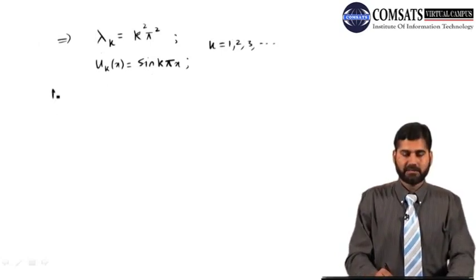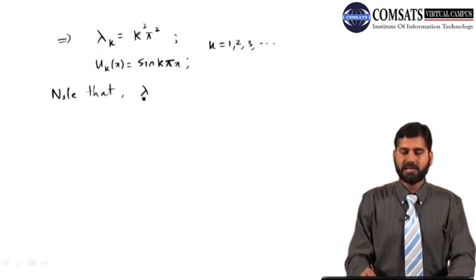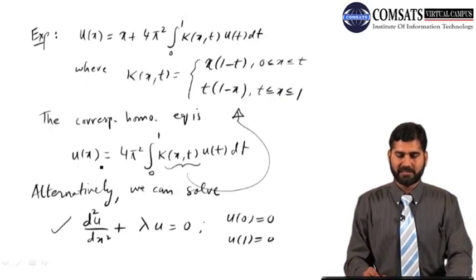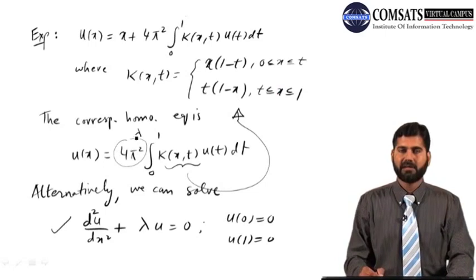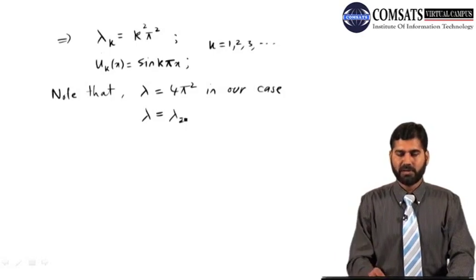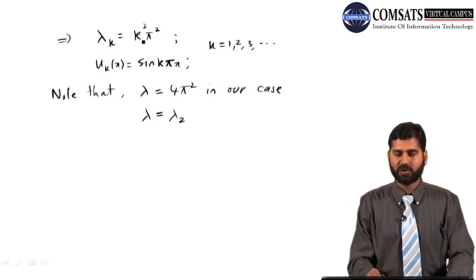So note that lambda is equal to 4π² in our case. If we look at our own equation, you see this is our lambda. This lambda is equal to λ_2. If k is 2, then this is 4π², right?